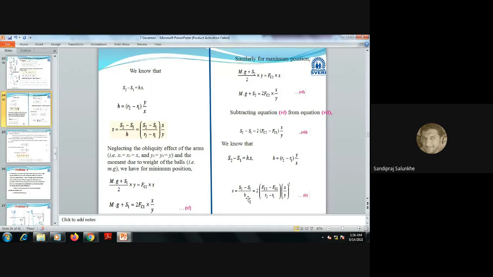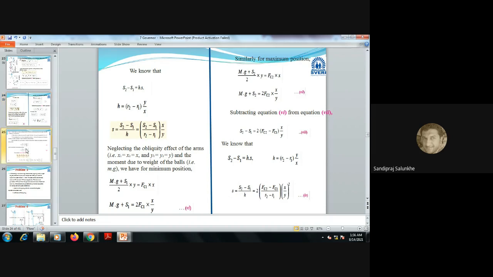That governing equation is equal to S, that is nothing but the spring force. Okay, S2 minus S1, that is the spring force applied at higher radius and at lower radius, divided by H, is calculated.